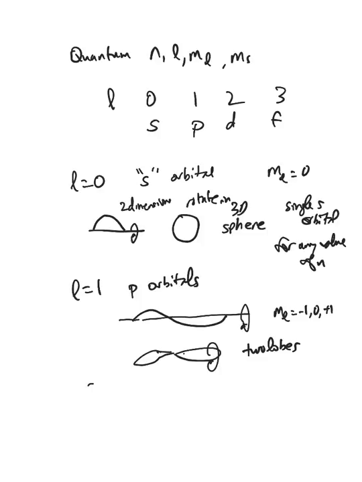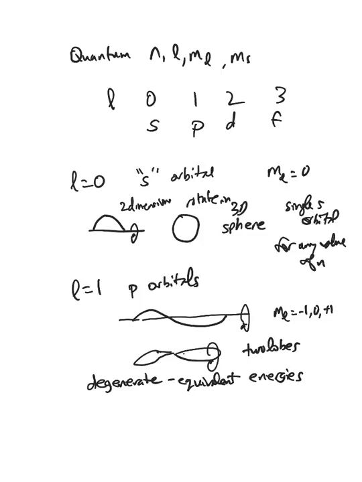These p orbitals are referred to as being degenerate. The bad joke that I always use about this is, this degeneracy is not like finding someone drunk in the ditch on Friday night. That's a whole different type of degeneracy. This degeneracy means that they have equivalent energies, that you can't tell them apart other than when you stick them in a magnetic field, and hence where the m sub l designation comes from.